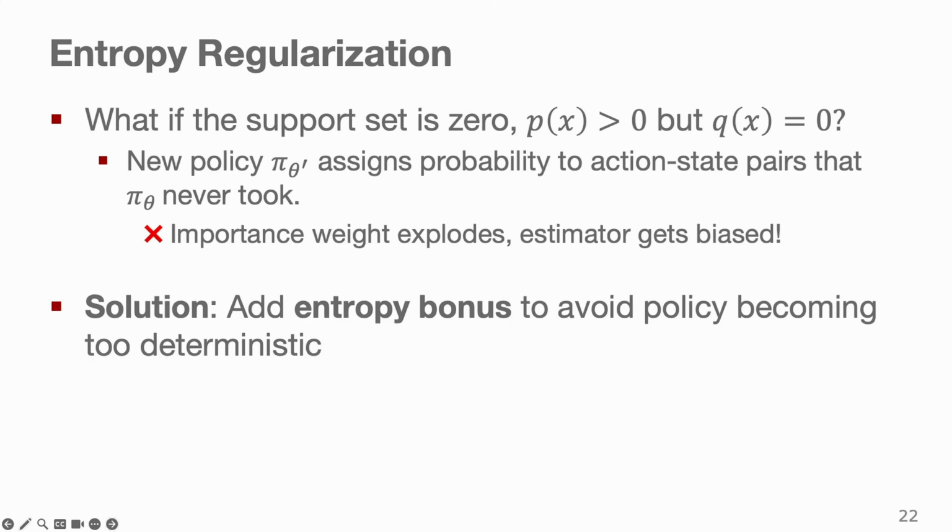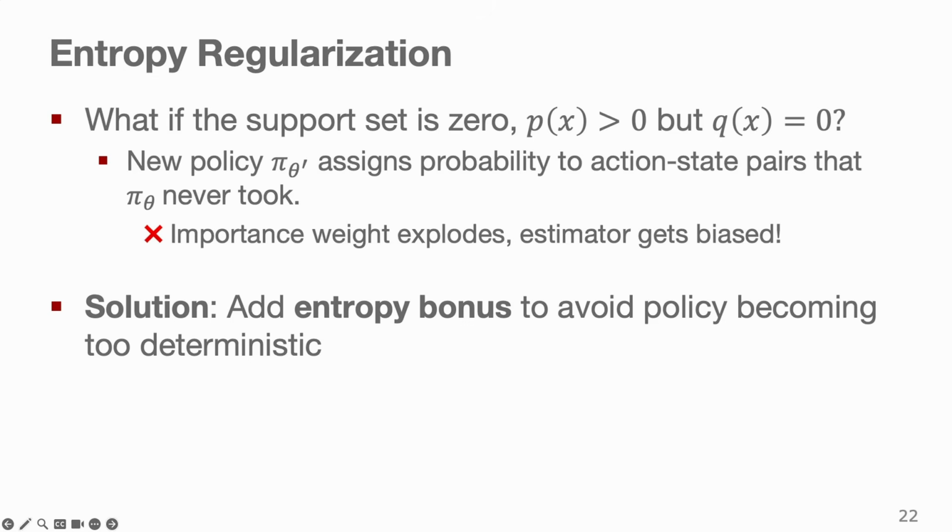The idea is that we don't want our old policy to become too deterministic, so that it assigns 0 probability to regions of the action space. We want to encourage the policy to spread out to reduce the chance of hitting the 0 support in the first place.